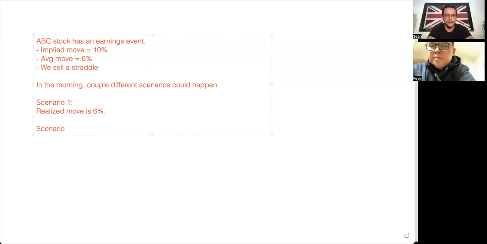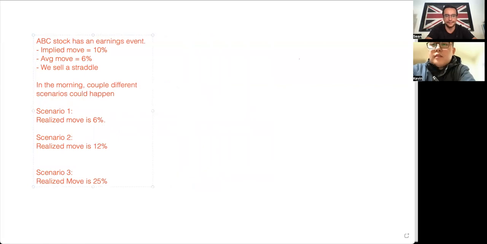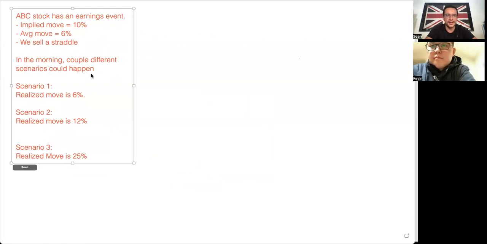Scenario two, realized move is 12%. Scenario three, realized move is 25%. Let's say these are the three potential scenarios that could happen. So we need to think about our trade and what our exposures are.